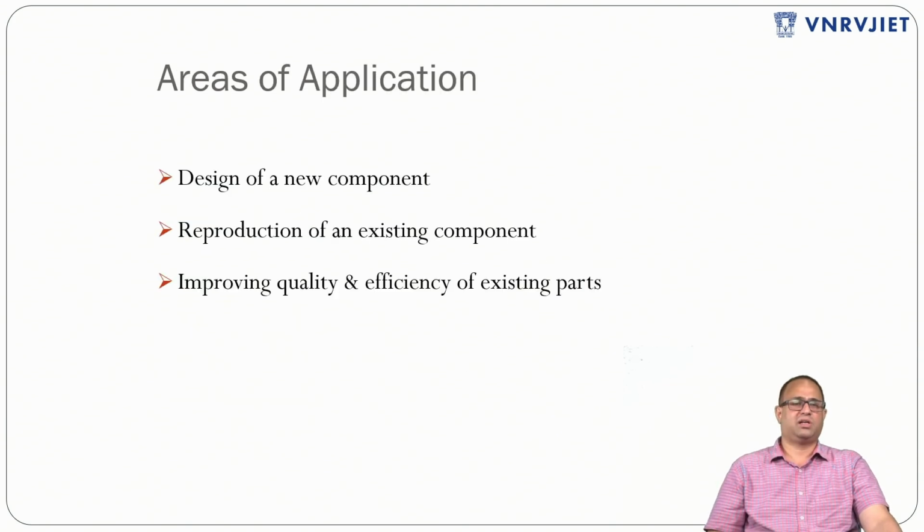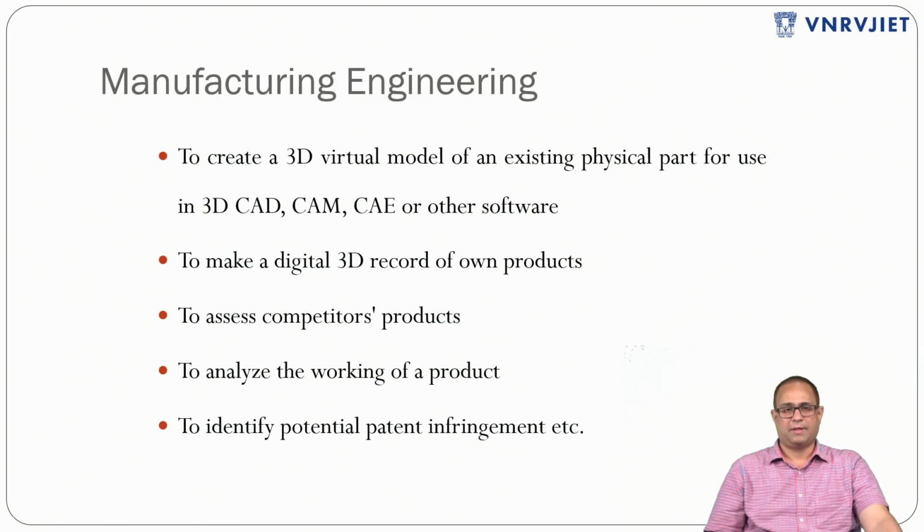In areas of application: designing of a new component, reproduction of an existing component, and improving quality and efficiency of the existing parts. And coming to manufacturing engineering, especially it is used to create a 3D virtual model of the existing physical part, to make a digital 3D record of own products, and to assess competitors' products, etc., to identify potential patent infringement.